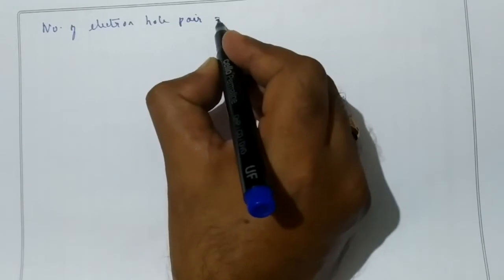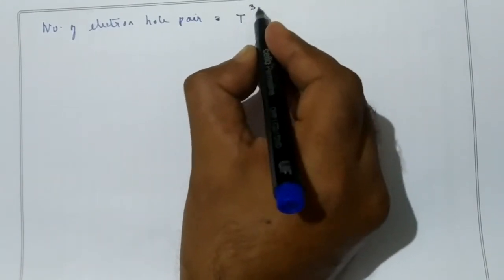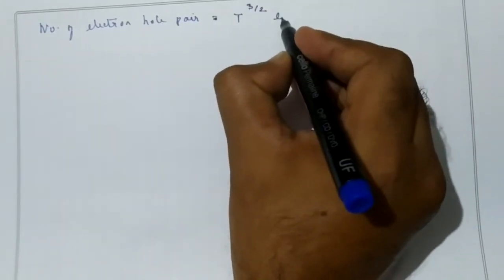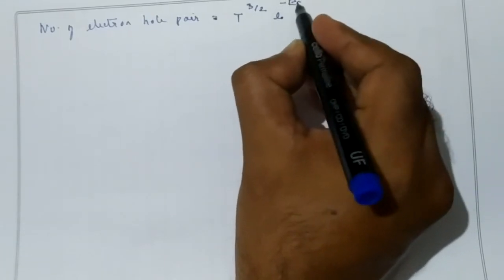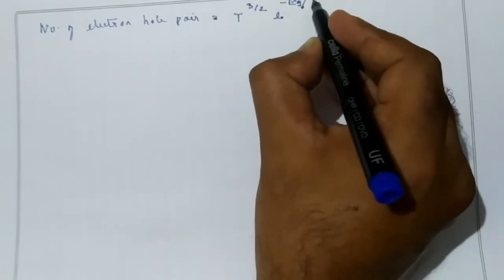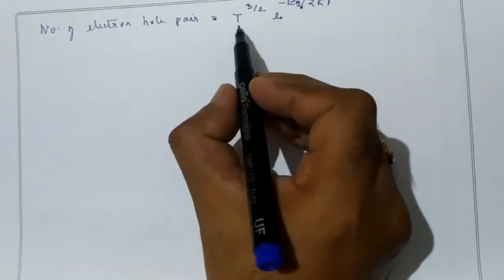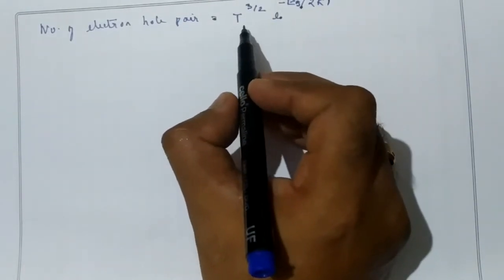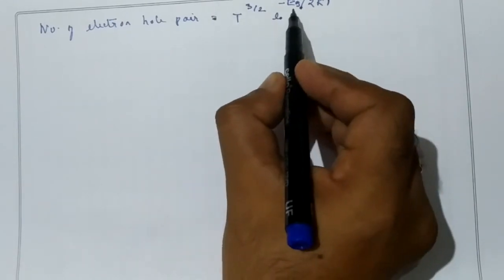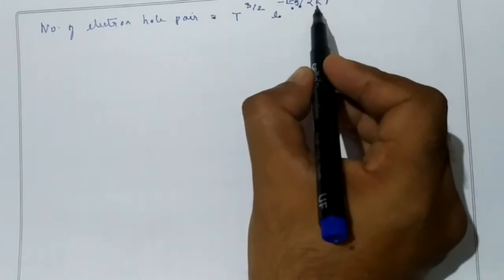and the number of electron hole pairs will be equal to T to the power 3 by 2 into e to the power minus Eg divided by 2 into K into T. Where T is the temperature in degrees Kelvin, Eg is the forbidden energy gap, and K is the Boltzmann's constant.